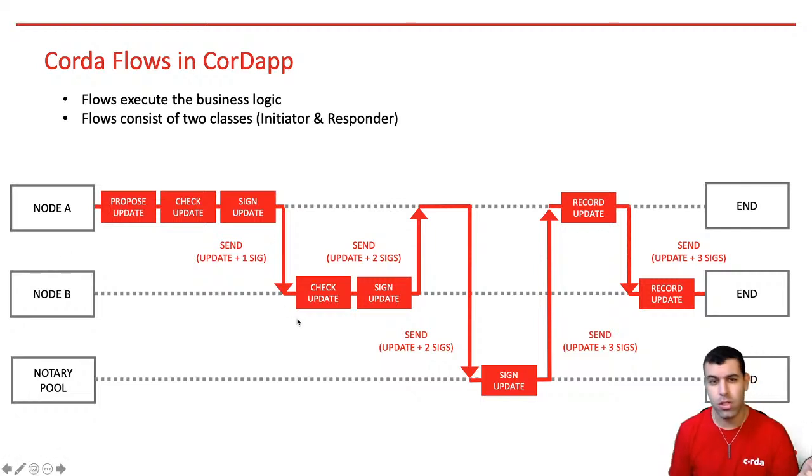Your Corda node will also validate the transaction according to the contract code. If you find it valid, then you sign it, then you send that information back to me.